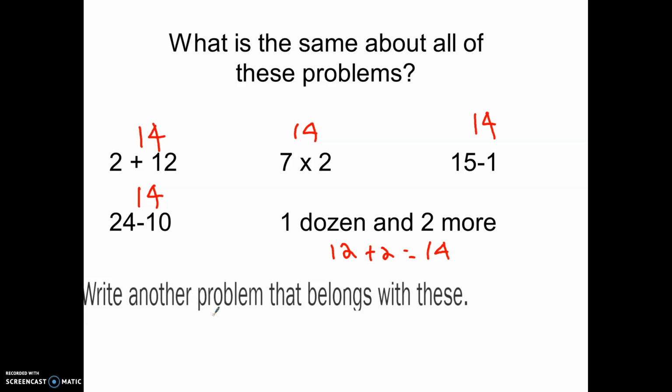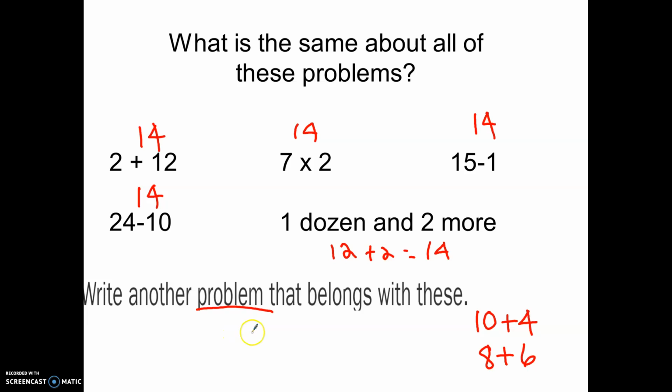Now I have a task at the bottom of the page. It says, write another problem that belongs with these problems. Well, what could you come up with? What about 10 plus 4? What about 8 plus 6? Now it's said to write another problem, but I can show 14 another way.